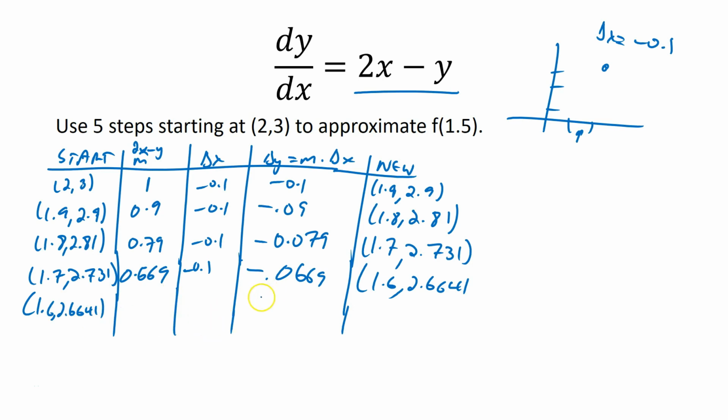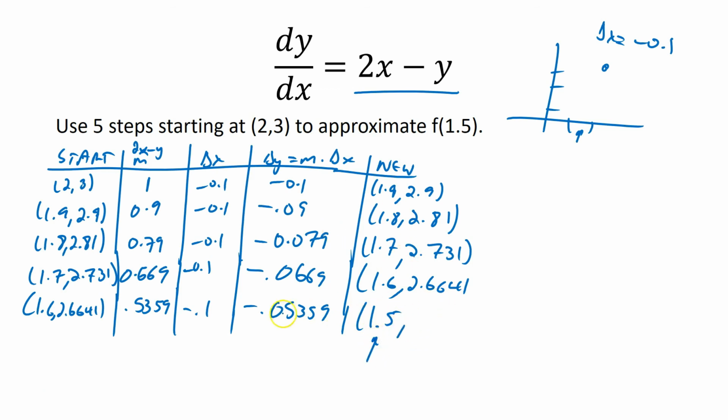Let's see, 2 times 1.6 minus 2.6641 gives me 0.5359. Negative 0.1 again, so we have negative 0.05359. And x minus 0.1 is 1.5 now, so we finally got to the x value that we want.